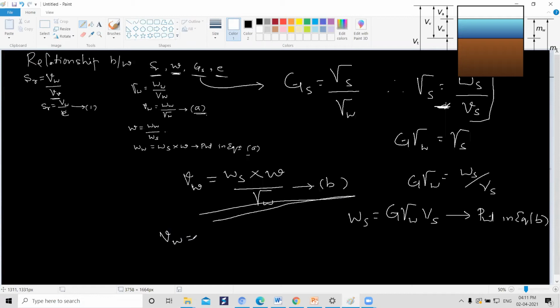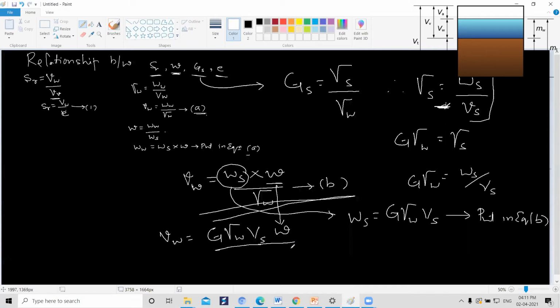VW is equal to क्या हो गया? G rho W VS into W. यहाँ पे ना WS की जगह में क्या डाला तुम लोगों ने? ये वाला डाला. Do you agree? यहाँ पे देखो ये डाल दिया. Yes, यहाँ पे मैंने डाला G rho W VS is nothing but WS into W. यहाँ पे W लिखा है मैंने, right?